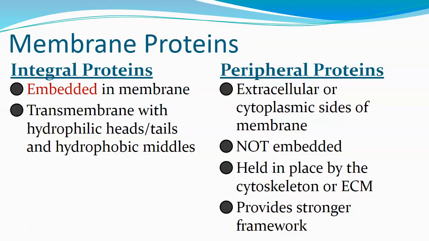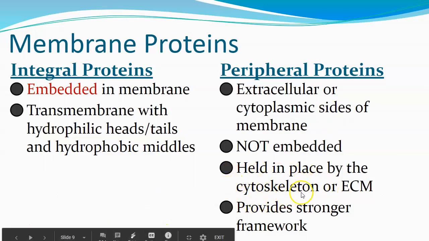And it's able to be held in place by either the cytoskeleton, the structural component inside the cell, or it's held in place by the ECM, which stands for extracellular matrix. That's the structural component on the outside of the cell. Generally what they're doing is providing a stronger framework or structure. Things can be anchored to it if it's on the inside or the outside. So it gives that overall sense of structural integrity.